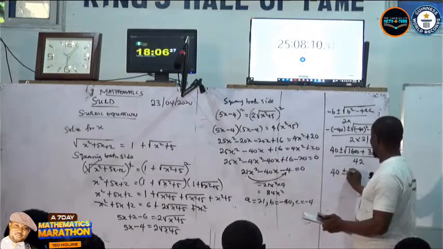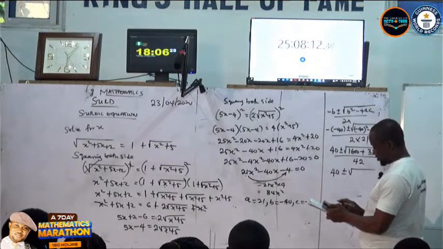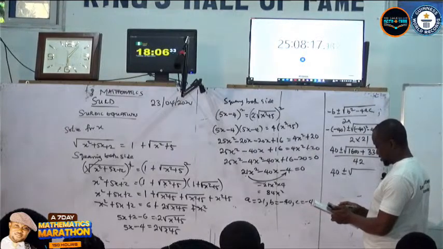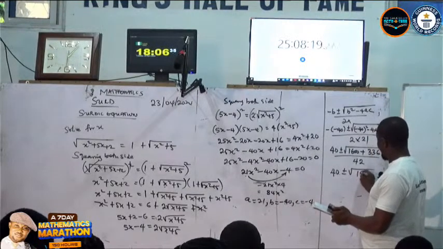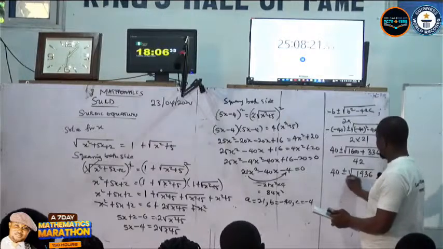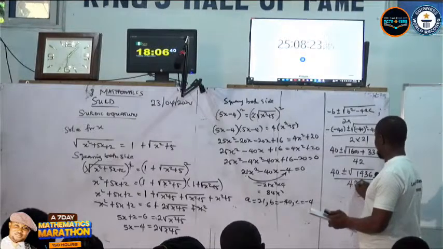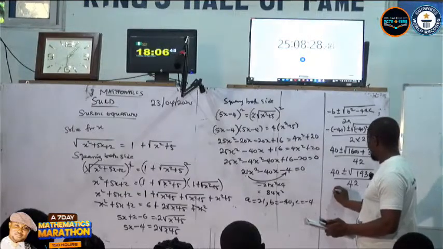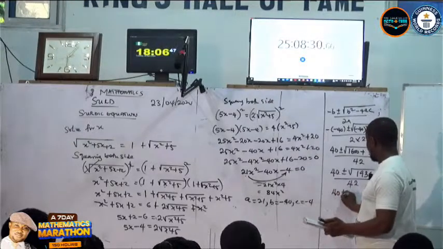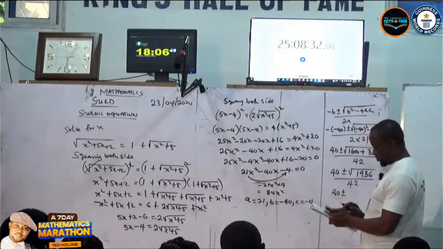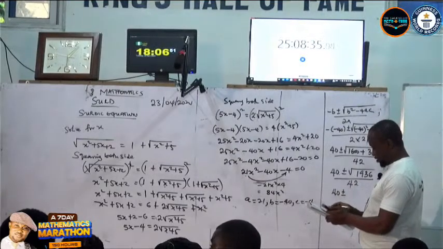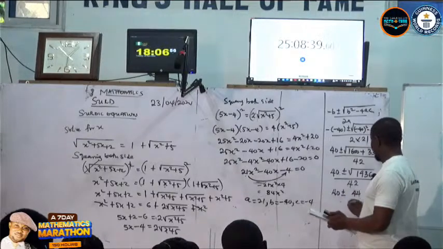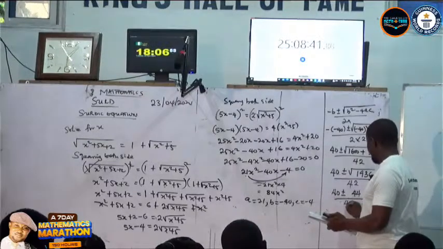Then plus or minus the square root of 1,600 plus 336. That will be 1936 divided by 42. And then you can agree with me that this will be 40 plus or minus the square root of 1936, which equals 44, divided by 42.